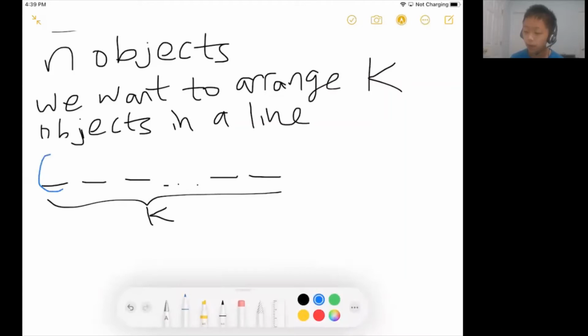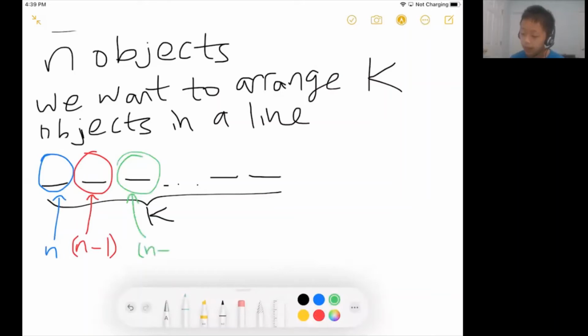In the first spot, we have n objects to choose from, so there are n ways to choose what object goes in that first spot. Once you choose that first object, for the second object you have n minus 1 ways to choose what goes there, because you can't choose the same object as the first one. For the third object, you have n minus 2 ways, because you can choose anything except the first and second objects. So there are n minus 2 ways to pick what goes in the third spot.